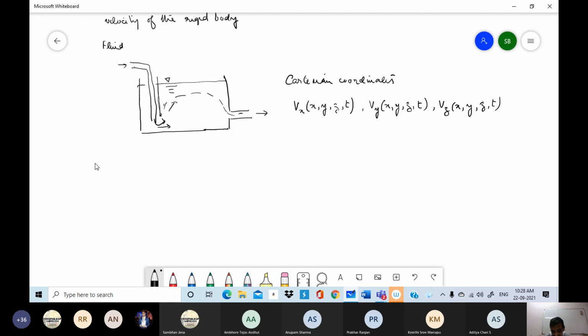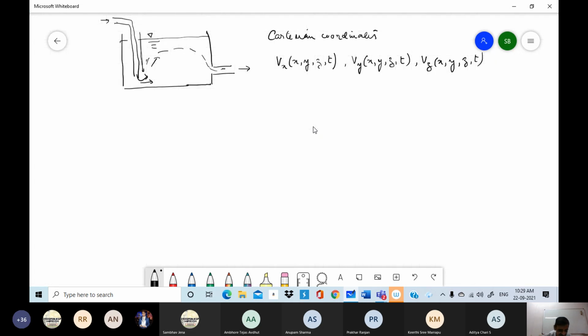If it's gas, you want to study the movement of air, you can inject a small amount of smoke. So then, how does that blob of dye or the small amount of smoke move with time, and how is it related to the velocity? For that, there is certain terminology used.